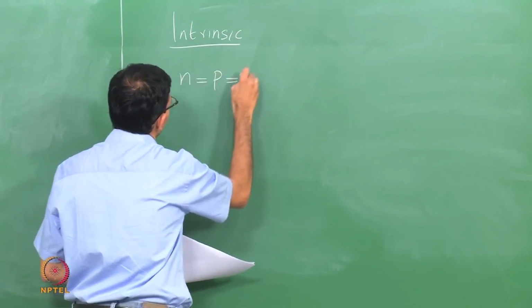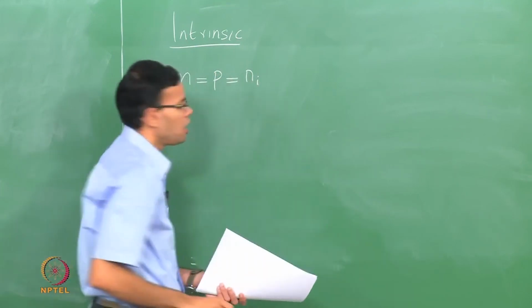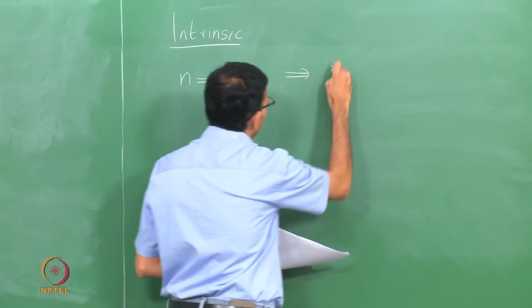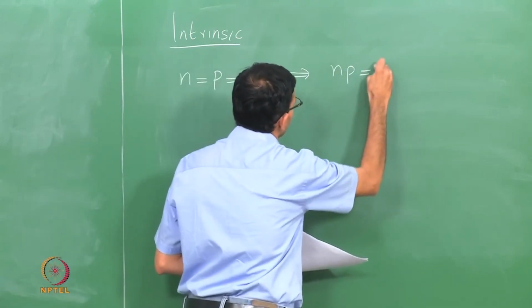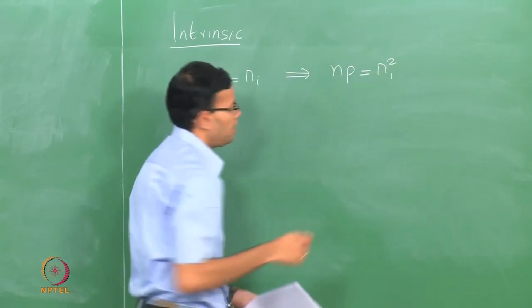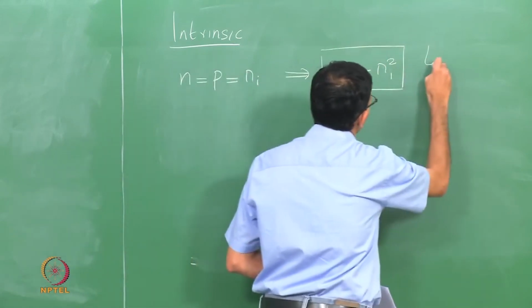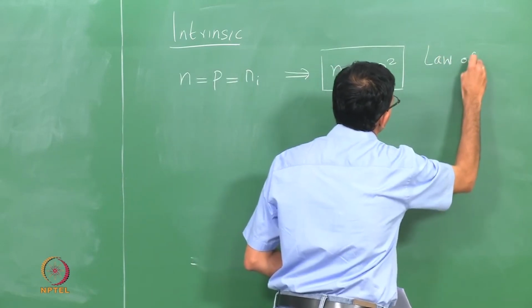So, electron and hole concentration is the same, which is equal to Ni. This generally can be written as np equal to Ni square. This is called the law of mass action.